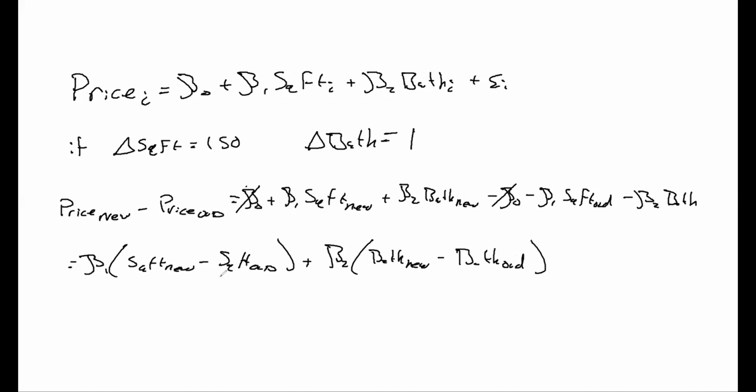And we already know what this is. This is the change in square feet, which is equal to 150. And this is the change in bathrooms, which is equal to 1. So you just plug all that in.